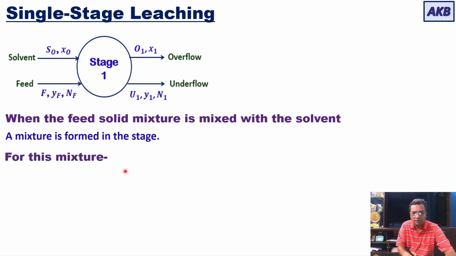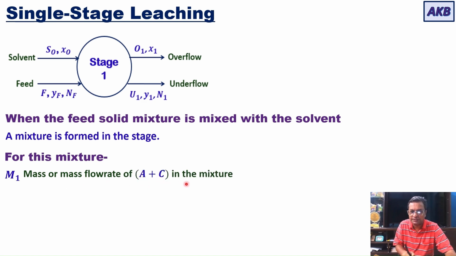For this mixture, the notations used are M1, which represents mass or mass flow rate of A plus C in the mixture.